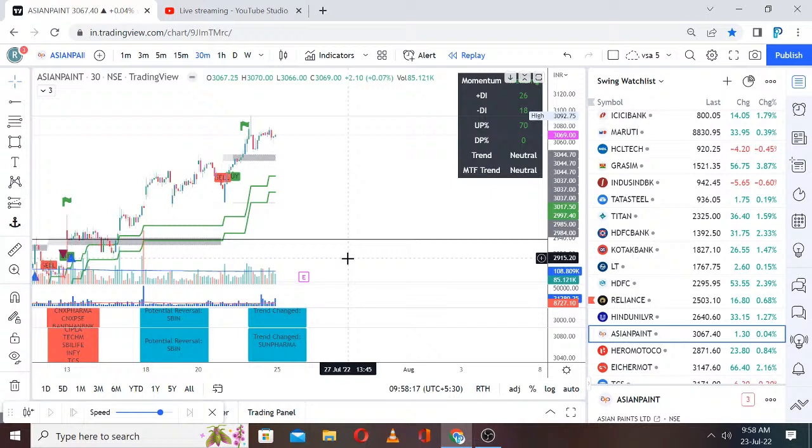Okay, I want to show you how to put an alert on the Nifty or Bank Nifty.